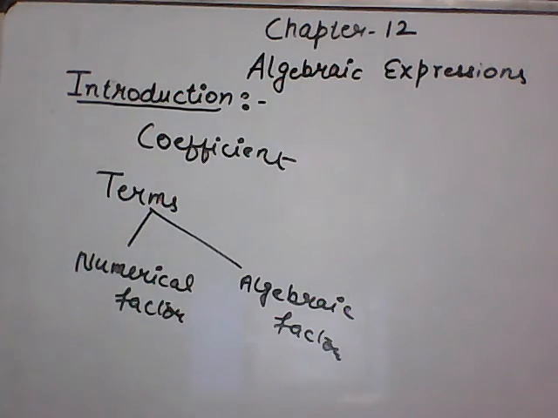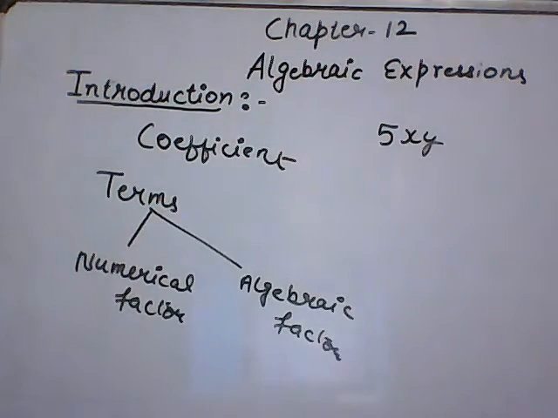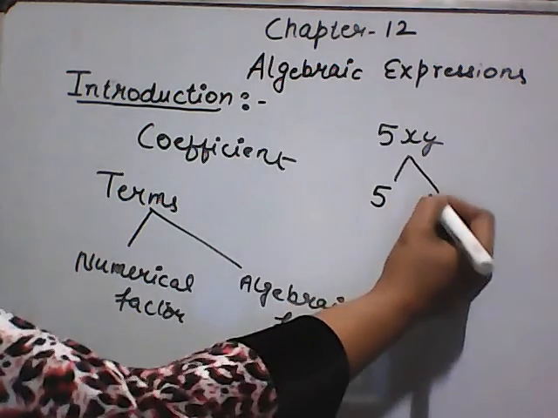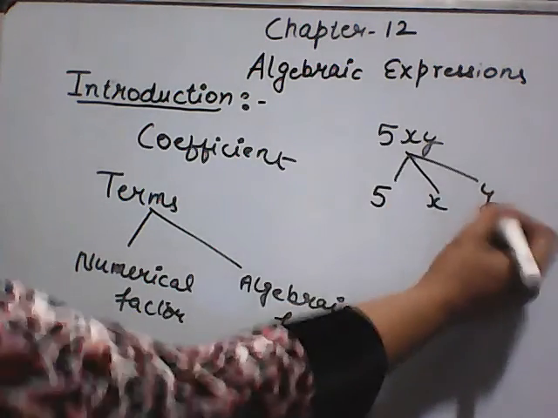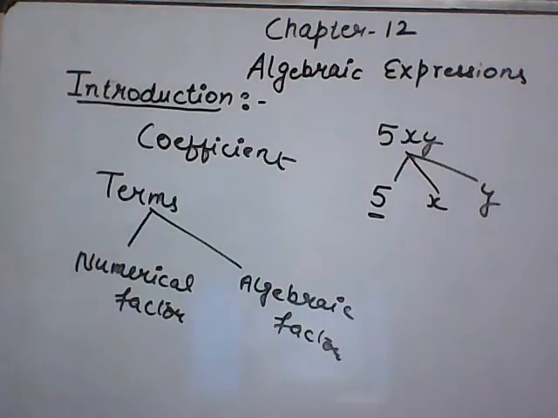Suppose a term is given to you, 5xy. This has three factors: 5, x and y. Here 5 is the numerical factor, and x and y are algebraic factors. The numerical factor is known as the numerical coefficient, or simply the coefficient of the term.